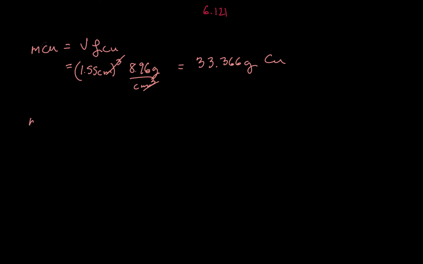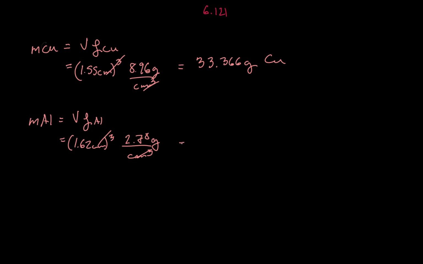All right, mass of aluminum. We'll use the same equation with the aluminum value. The length of the side of the cube here is 1.62 cubed, times whatever the density was, 2.70 grams per cubic centimeter.